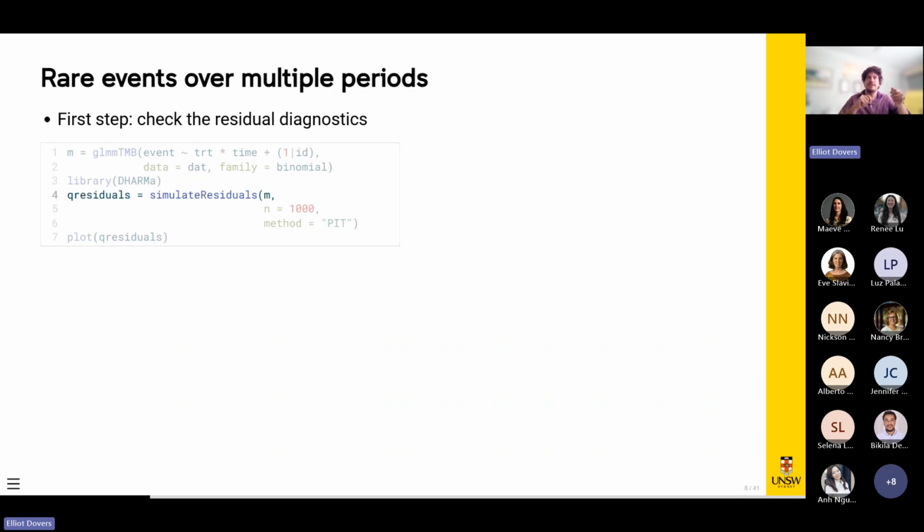So, the variability of any of our residuals should be the same, irrespective of where they are in our model fit. I'm just giving it the model, and telling it to simulate 1,000 times here for no particular reason. And this method PIT is just the probability integral transform, which is just our quantile residuals.